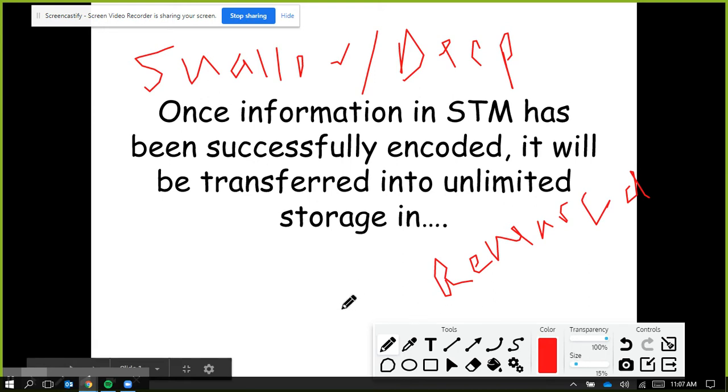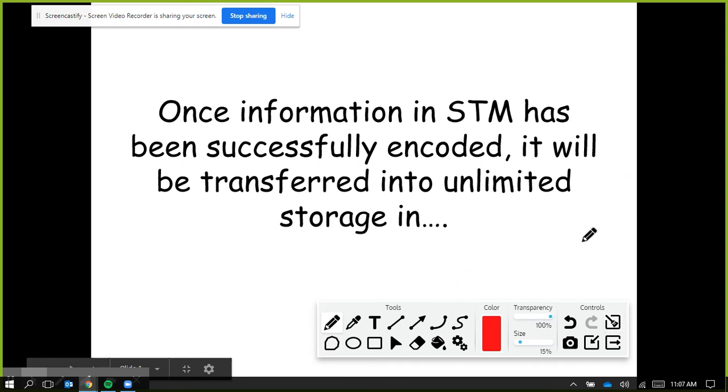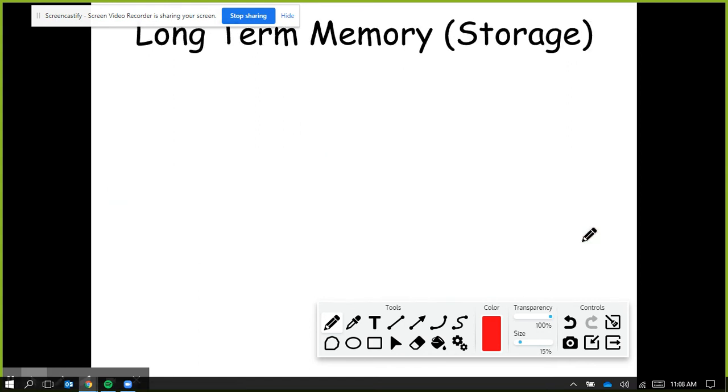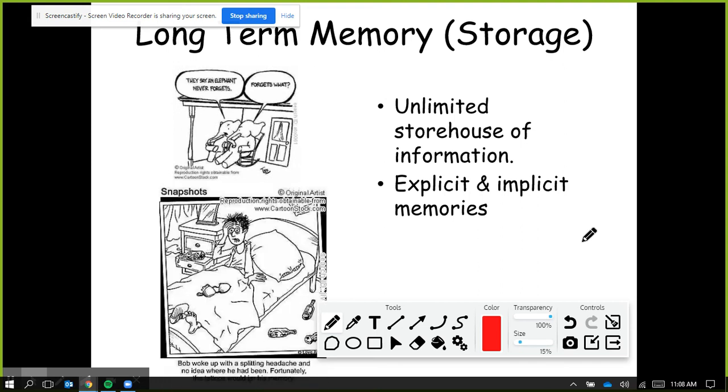Either way, as long as we rehearse it enough, it is then transferred into relatively unlimited memory, what is called long-term memory, or LTM, which they believe has unlimited capacity and is somewhat permanent. A lot of it is permanent. Some of it's not, but a lot of it is. So this is the final level of storage.